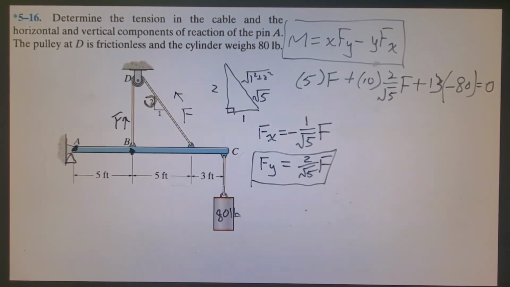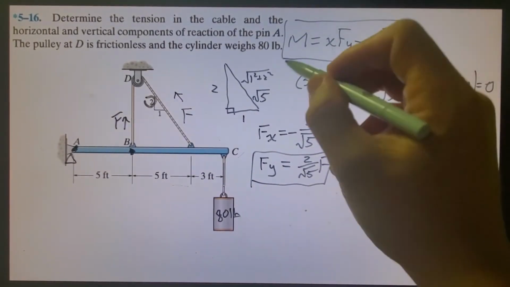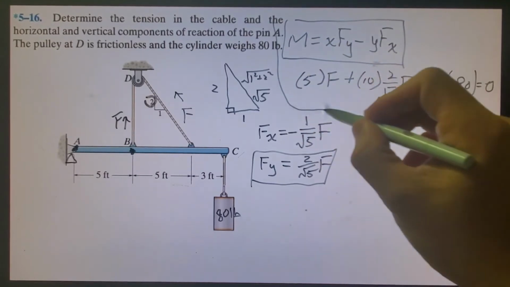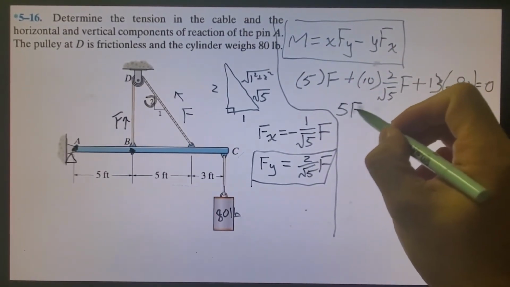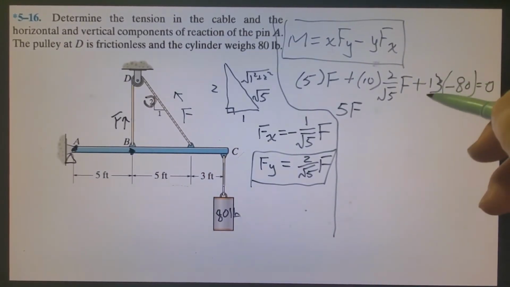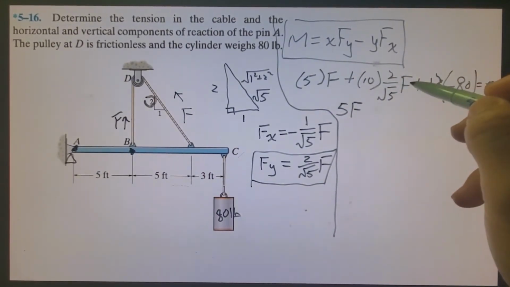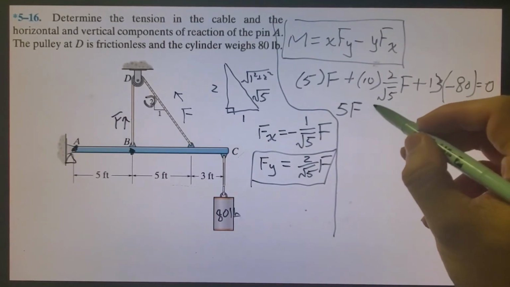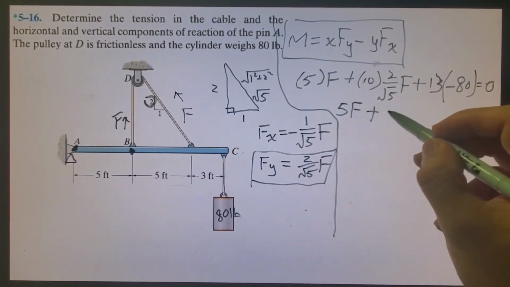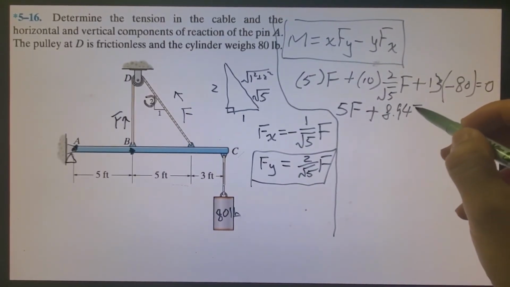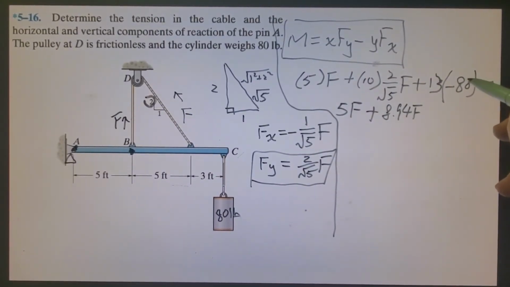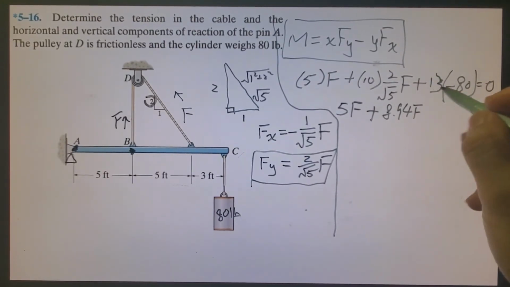Okay, so let's see how I can solve it. So this one, all right, let me put it this way. So this one is 5F. I used my calculator. So this part, if you use the calculator, it will be equal to plus 8.94 times F. And over here, this one I'm going to move to the other side because it's negative.